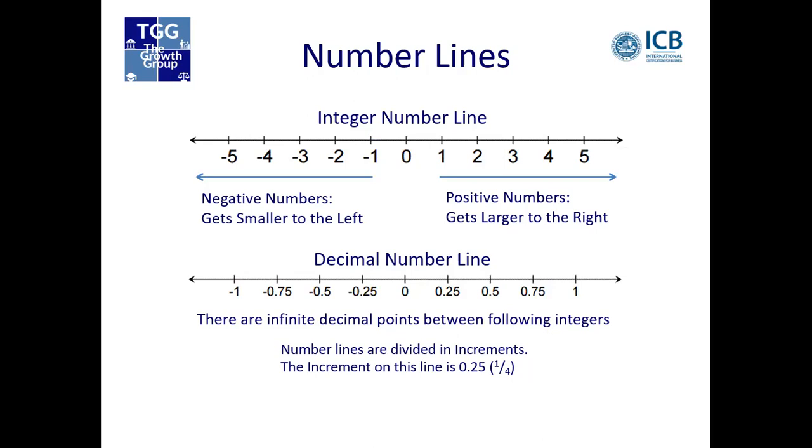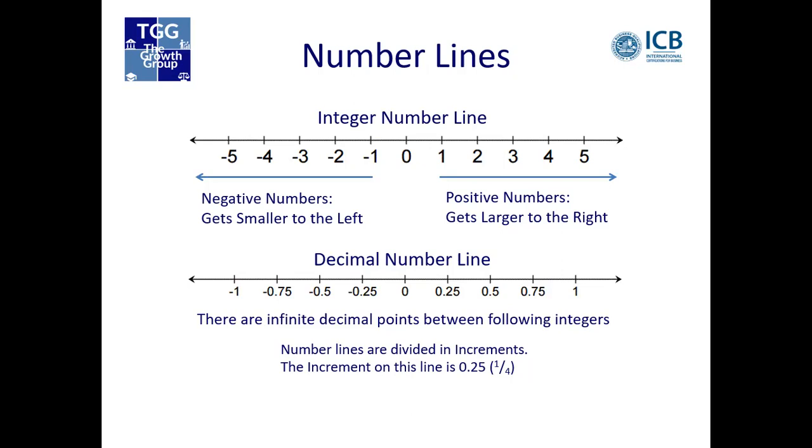Okay. And the negative numbers get smaller to the left, and the positive numbers simply get larger to the right. So the bigger the value of a negative number, the smaller that number actually is. So for instance, -10 is smaller than -5, but when we have positive numbers, the bigger the number gets, the larger it is getting. 5 is obviously bigger than 1.